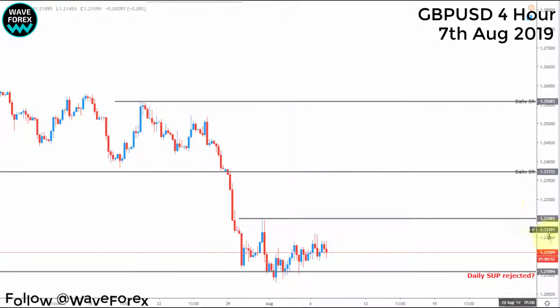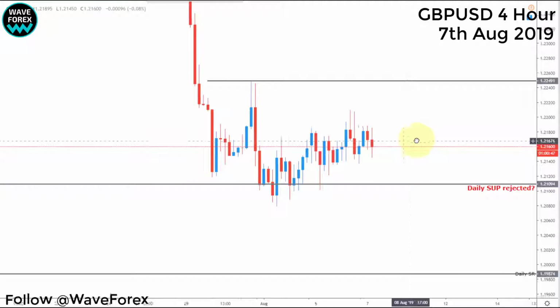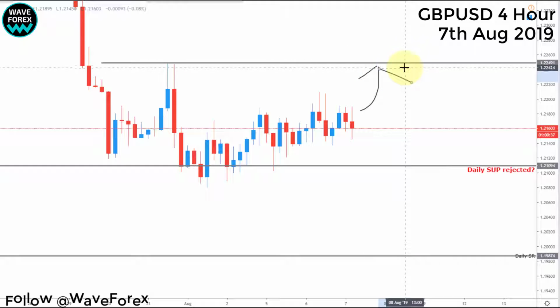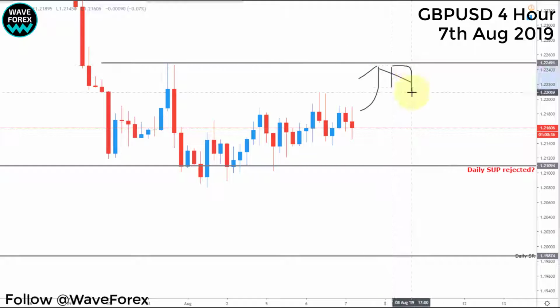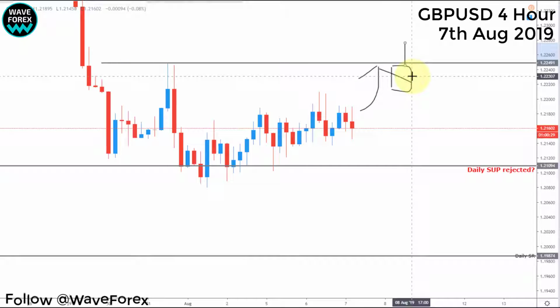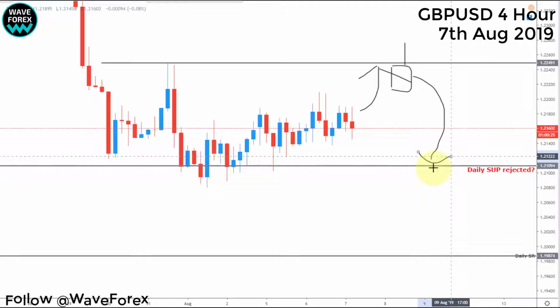So in the event that the price is unable to break up, let's say the price retests, doesn't break up, and closes below this resistance area, we could expect the price to come back down to retest this bottom area.